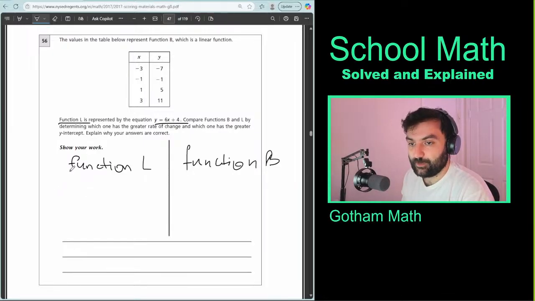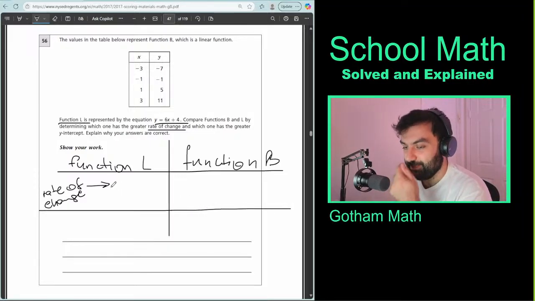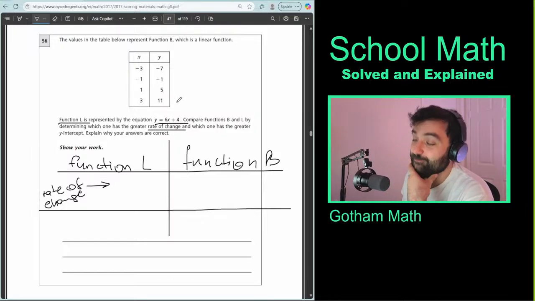For function L, what is the slope? Well, rate of change is actually slope, and since they ask rate of change, I think we should write rate of change. What is the rate of change of function L? It's 6.